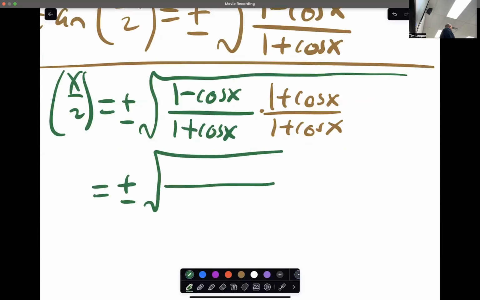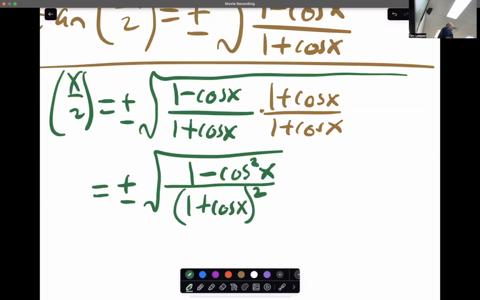So square the 1, what's 1 squared? 1 minus square the cosine, what's cosine squared? Cosine squared, yeah. And then all over 1 plus cosine times 1 plus cosine, I'm gonna go ahead and write it down as simply 1 plus cosine of x squared.